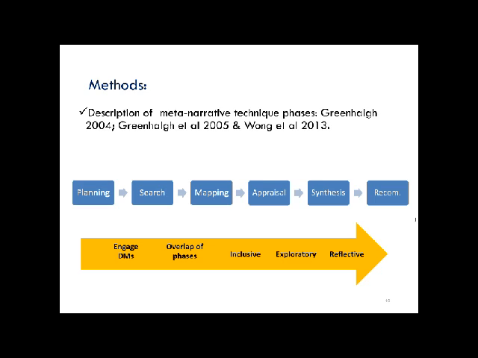And we move between the phases according to this overlap. So during the search phase, for instance, you can start mapping some information, and you might need to go back and do more searching while you're mapping that information, which is very helpful for this process. There's also a very inclusive, exploratory approach to the interpretation of the findings of the studies, and then with the recommendations we include decision makers in that phase as well.